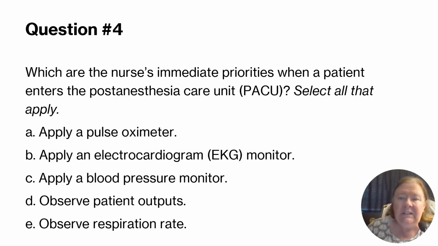Okay, do you see a pattern here? Maintaining a patent airway, verify respiratory and cardiac function. With the respiratory status, the nurse assesses respiratory function by monitoring respiratory rate, rhythm, and depth, auscultating breath sounds, noting the oxygen saturation level, PCO2 levels, assessing skin color, observing cardiovascular and mental status.